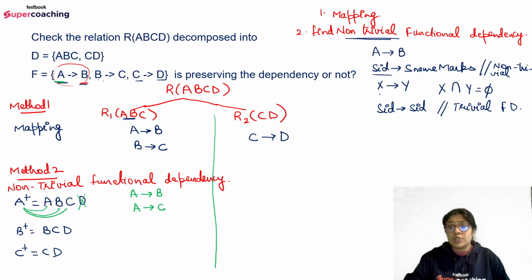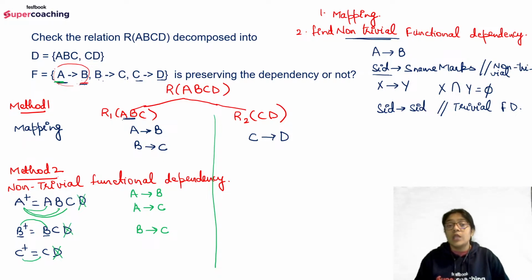Non-trivial means there should not be any common attribute between the left-hand side and the right side of the dependency. So B खुद को determine कर रहा है, common है. D is not a part of the subrelation R1, so I am discarding this attribute. So from here, we are just getting one non-trivial functional dependency. It is B determines C. C से start होके कोई non-trivial functional dependency बन रही है?